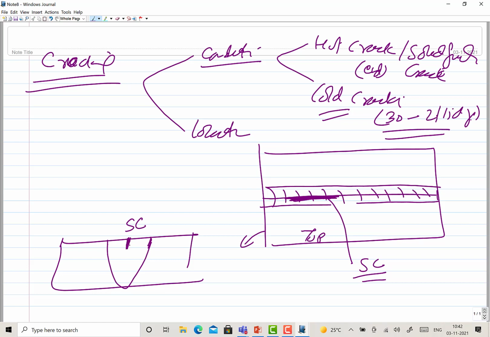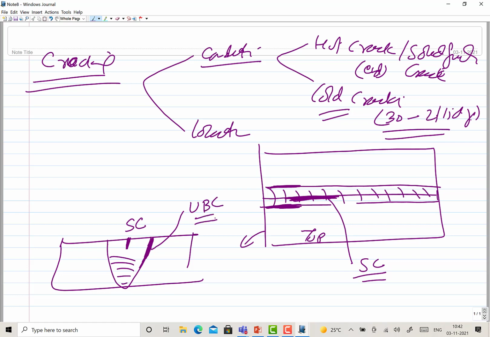This is one. Then you can have the crack just near the fusion boundary. This is the fusion boundary, this is the weld. So the fusion boundary crack will be here, which you can call under bead crack, UBC.